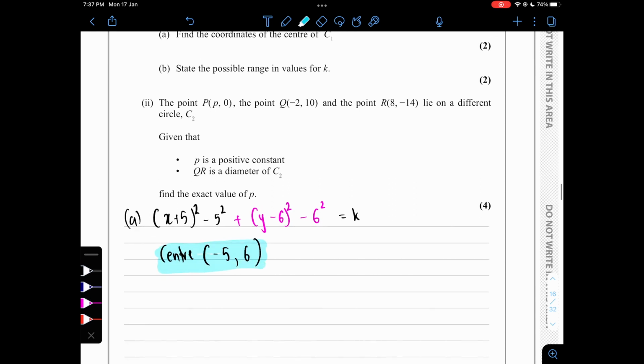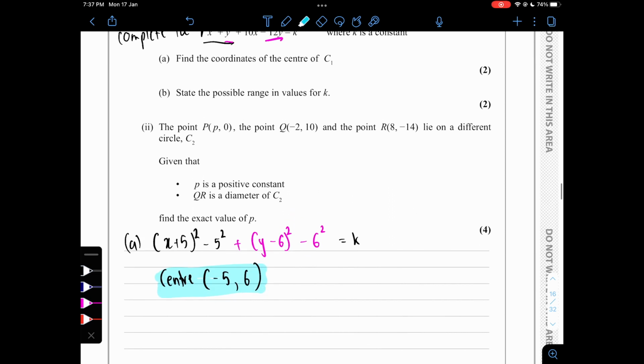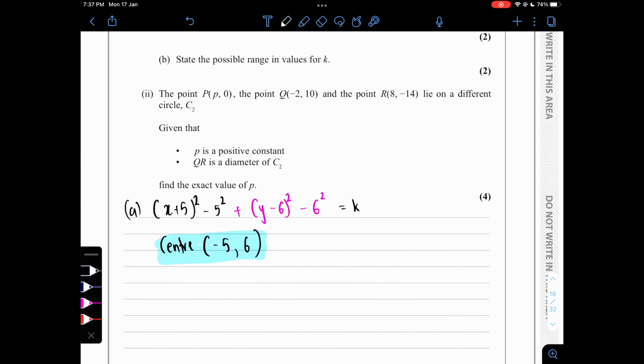Okay, so now what? Part B, state the possible range of values for k. So now let's move everything across to the other side. So this will give us x plus 5 whole squared plus y minus 6 whole squared equals k plus 5 squared plus 6 squared.